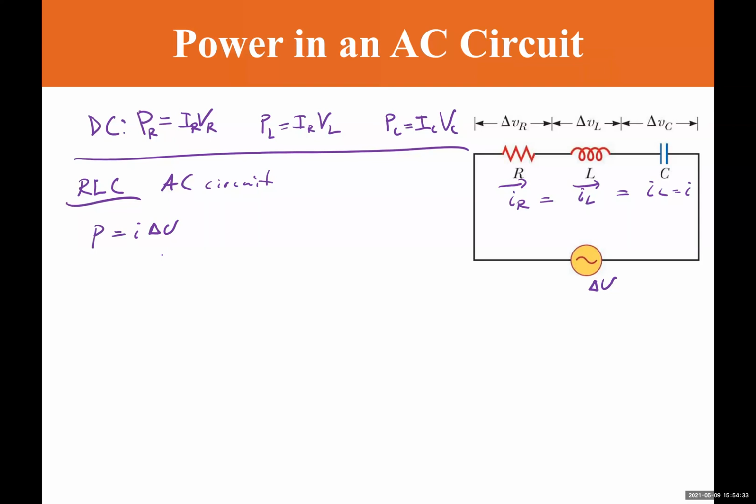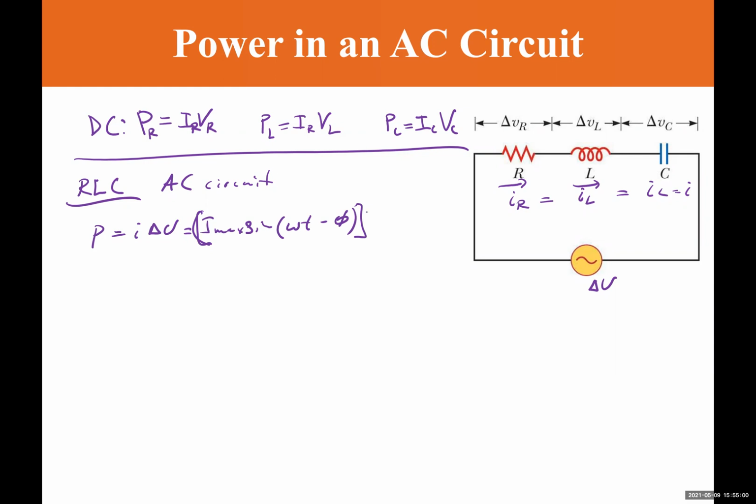Voltage and current are both sinusoidal. That means at every instant the value is different. That's why, when you look at it, it's a time-varying current times a time-varying voltage. The current here is I max times sine of omega t minus phi. That's basically my current in an RLC circuit.